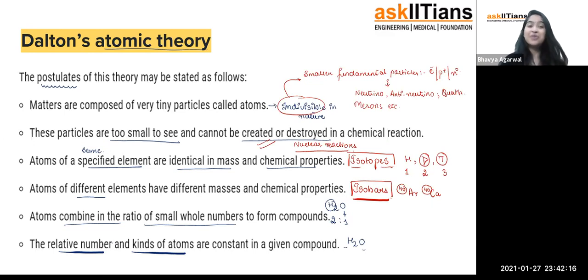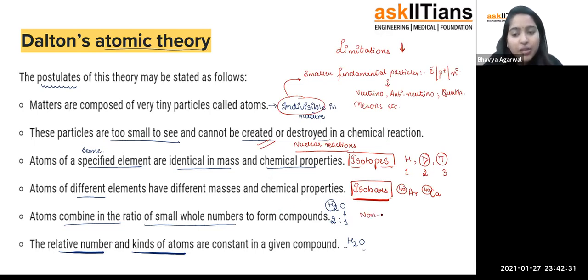But of course, we are talking about the limitations or the drawbacks of this theory. So here we realize that we have something which is known as non-stoichiometric compounds.